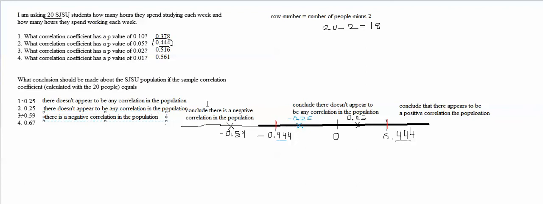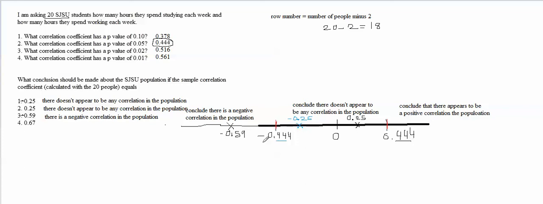Now first let's think about why negative 0.59 is out here. Well, 0.59 is bigger than 0.44, which means that 0.59 is further out from 0, out this way. So that's why it is beyond this red cutoff point. What about 0.67?